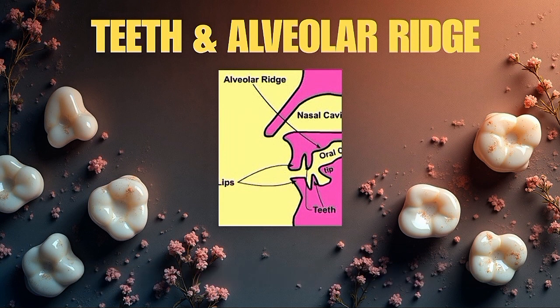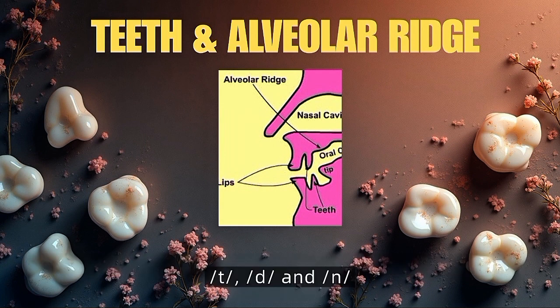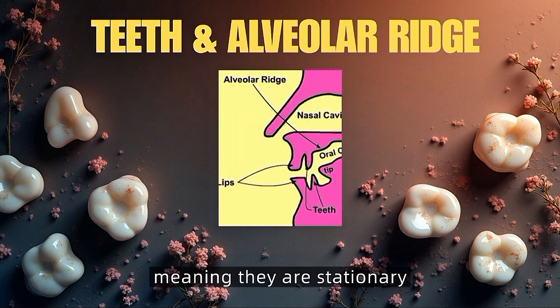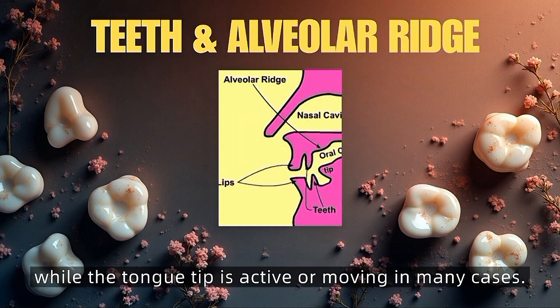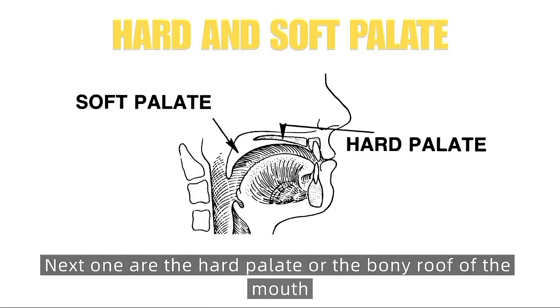Alveolar sounds: tongue tip or blade against the alveolar ridge, creating sounds such as t, d, and n. Thus, the teeth plus alveolar ridge are passive articulators, meaning they are stationary, while the tongue tip is active or moving in many cases.